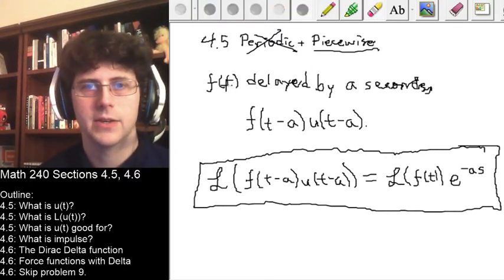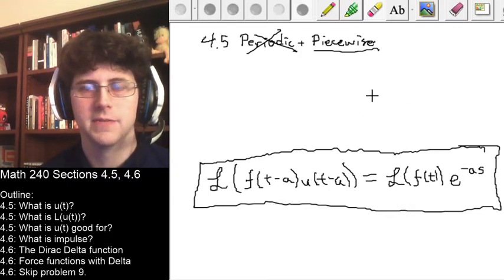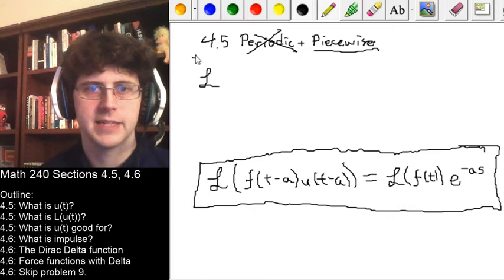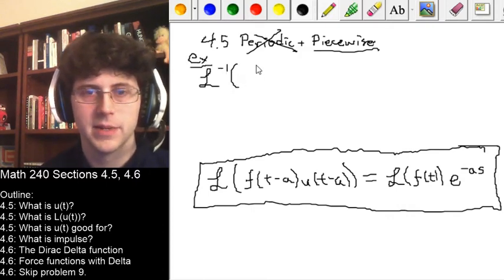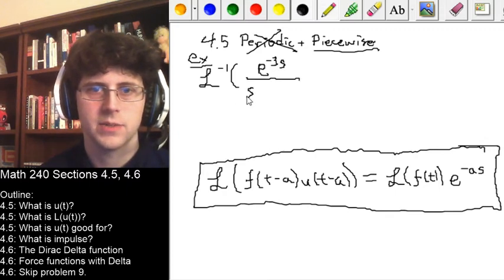Cool. Okay, so the questions you're going to do in 4.6 that make this come up are, say you want to find the inverse Laplace transform of this thing: e to the minus 3s over s squared plus 4.